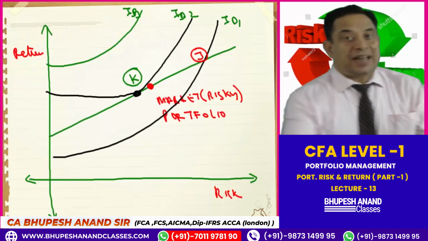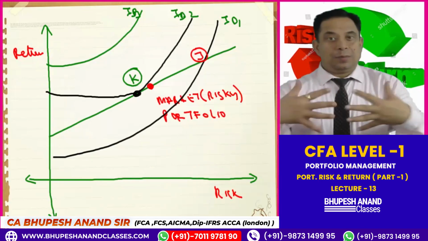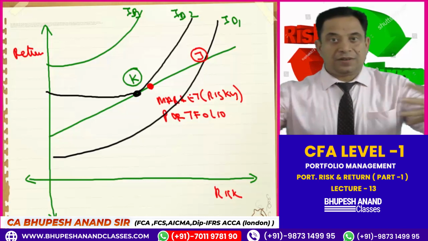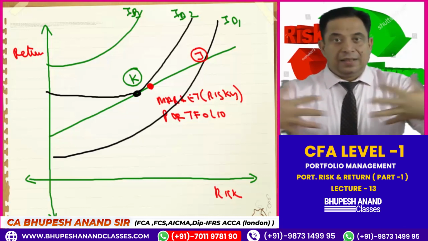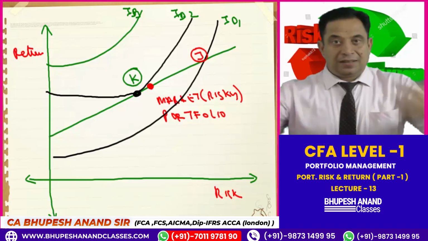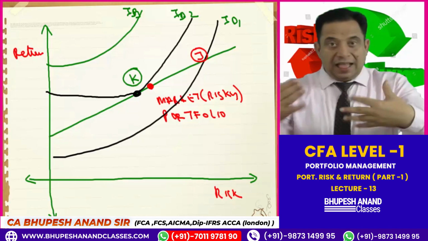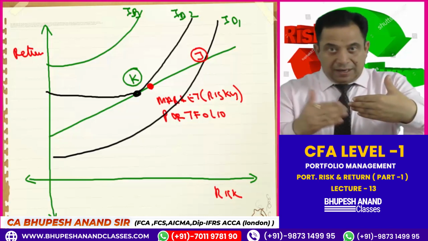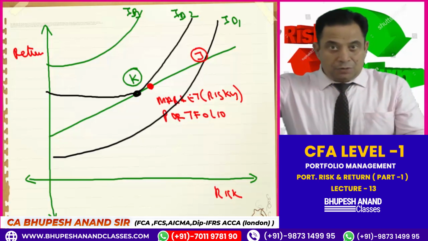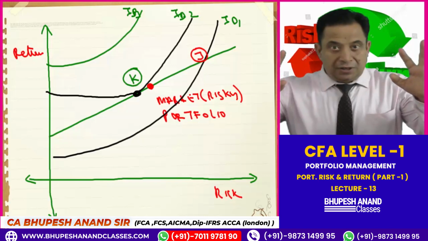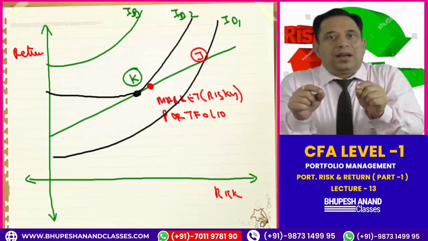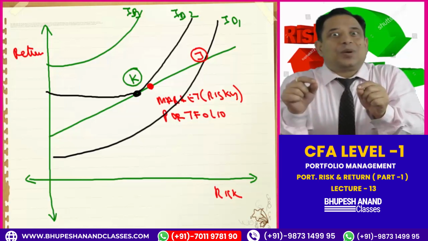Now I have mixed the capital allocation line. Hope you remember that. What is the meaning of the capital allocation line? When we introduce a risk-free asset along with a risky asset, then the capital allocation line will be formed, and the middle point is named as risky, if we invest 100% in the risky asset. The left hand side of that will be a lending portfolio, and the right hand side of that will be a borrowing portfolio. And I have just told you about indifference curves. Now indifference curve number 2 is tangent to the capital allocation line.